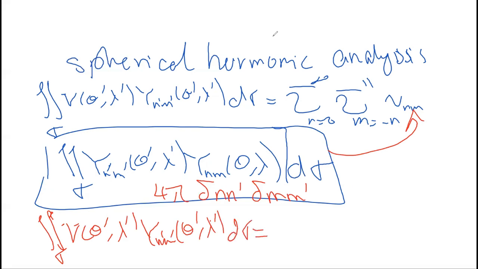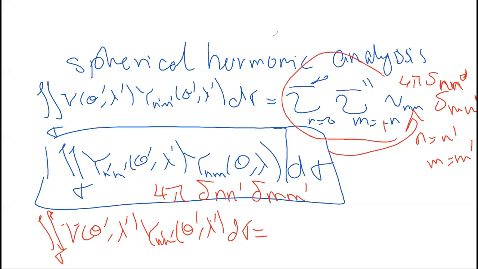If I put here the 4 pi Kronecker's delta, for all n and m which are not equal, all terms will be 0, except the cases where n is equal to n' and m is equal to m'. Therefore, both summations will vanish.